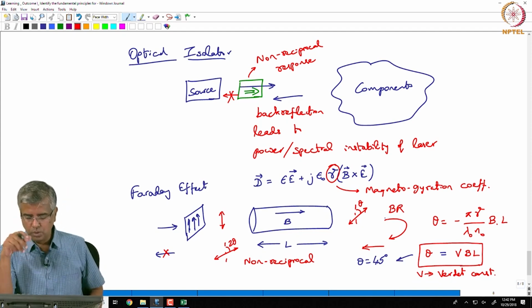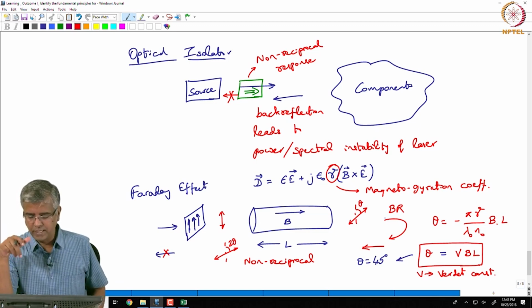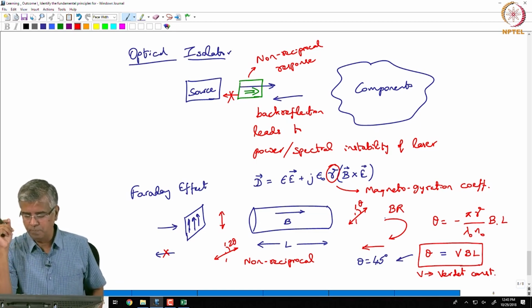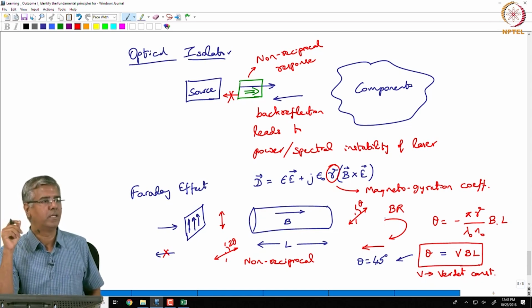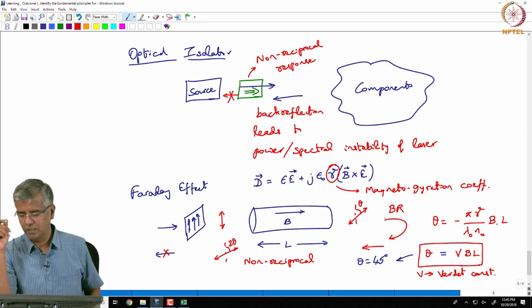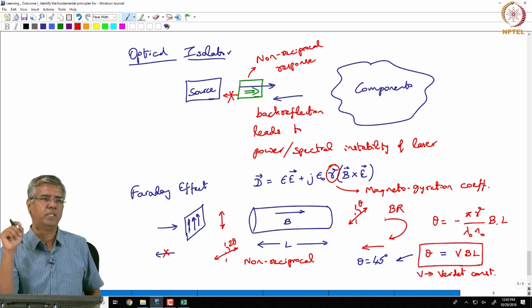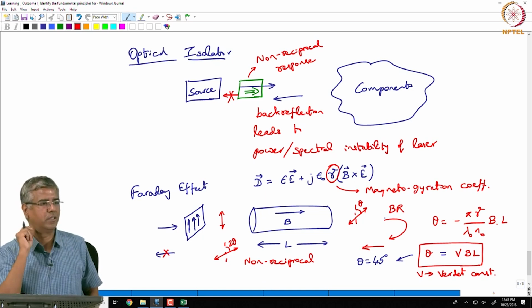Now, this isolator typically provides you isolation of up to 25-30 dB, the typical numbers, meaning only 0.1% of the light that is going in the forward direction is going back in the reverse direction, right.